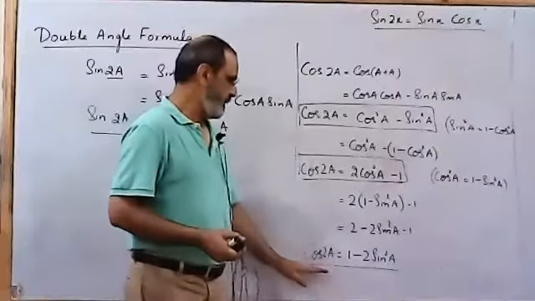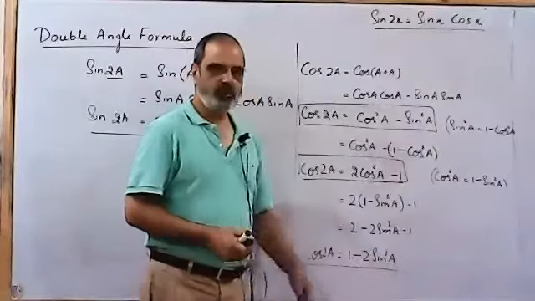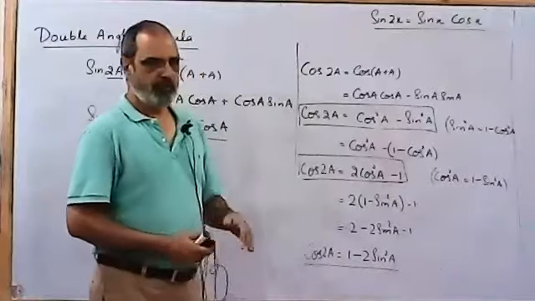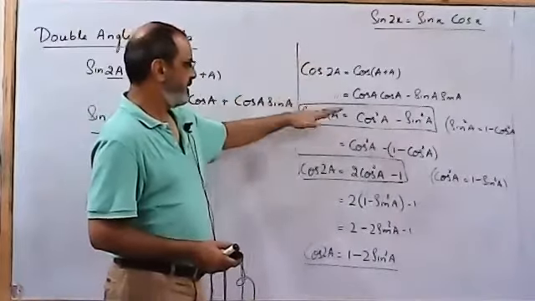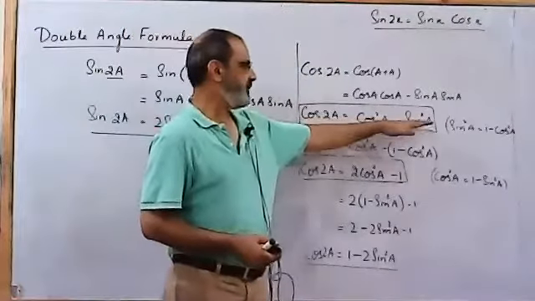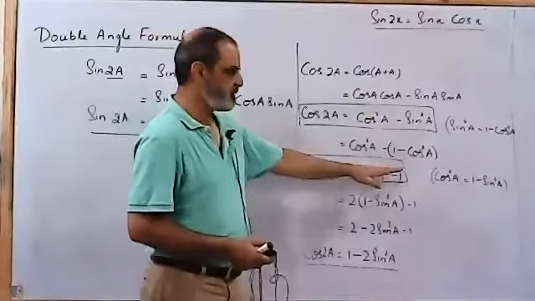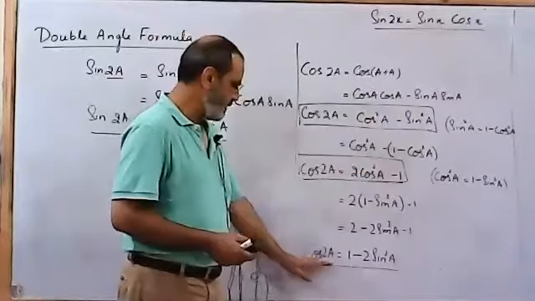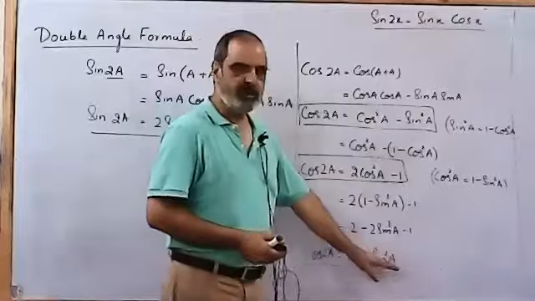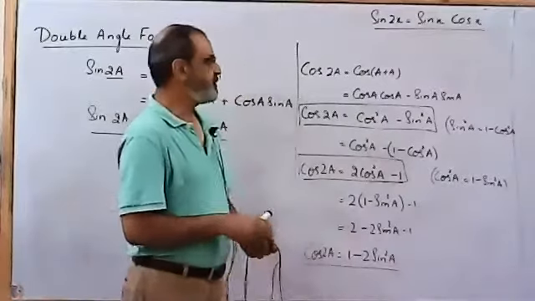So cos 2A is equal to 1 minus 2 sine square A. So cos 2A can be written as cos square A minus sine square A, as 2 cos square A minus 1, or as 1 minus 2 sine square A, according to the situation.